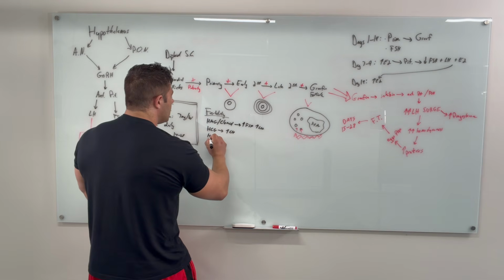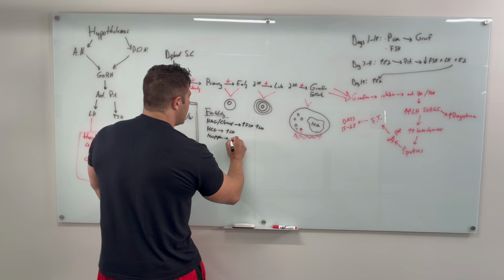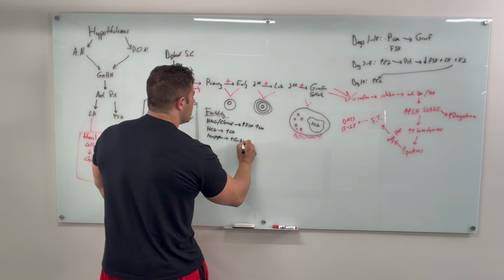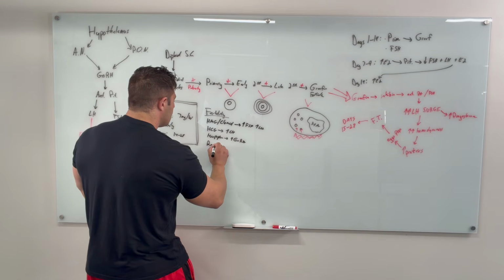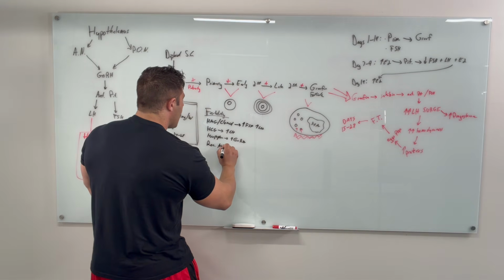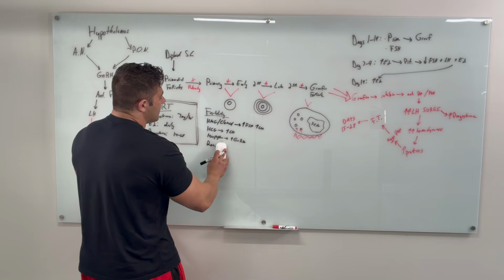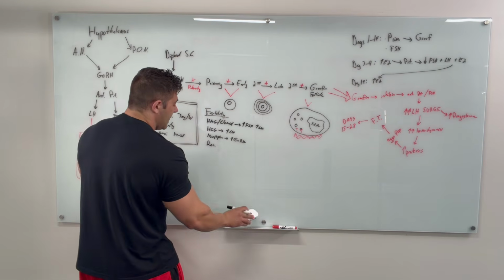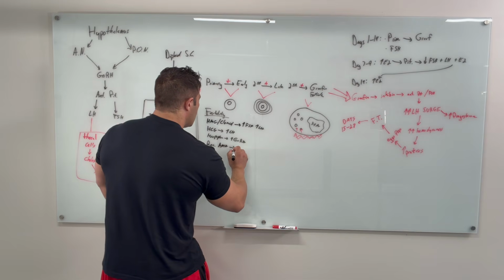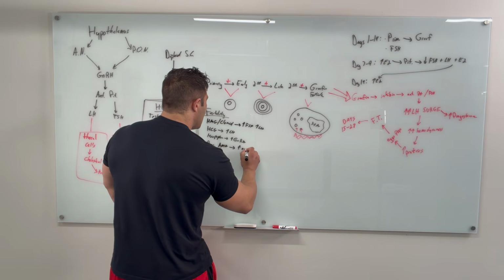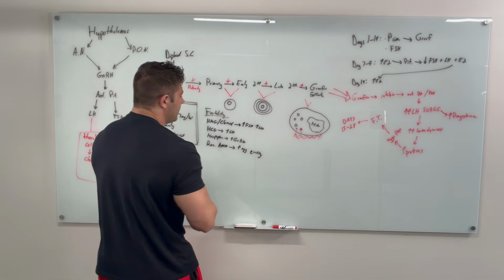Things like kisspeptin in females is going to be more of the gonadotropin releasing hormone. Then we have other players like recombinant AMH, which improves the reserve quality of your eggs. So AMH is going to improve egg, I'm just going to say quality, but essentially it's those reserves.